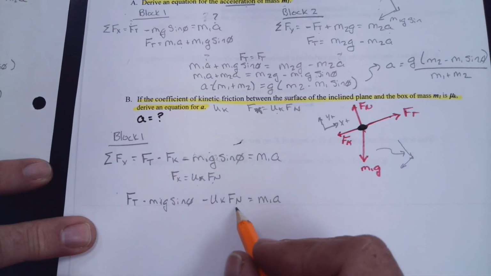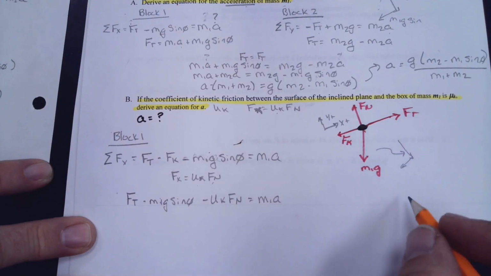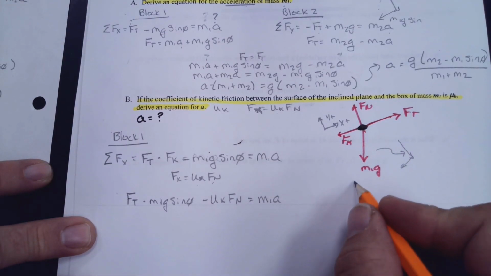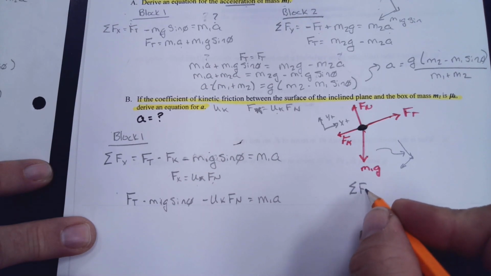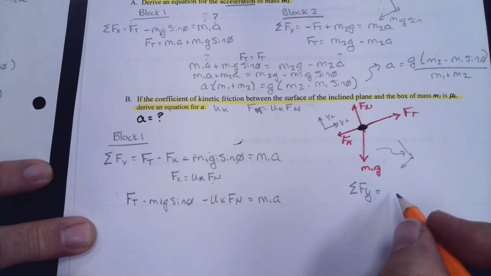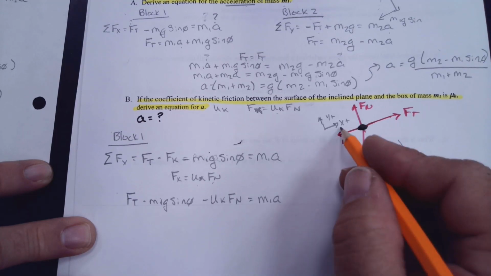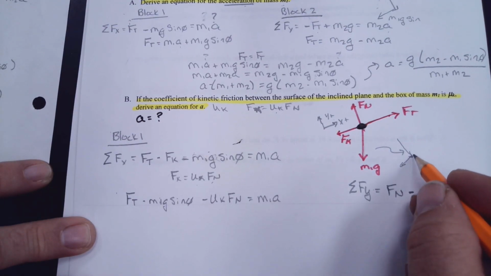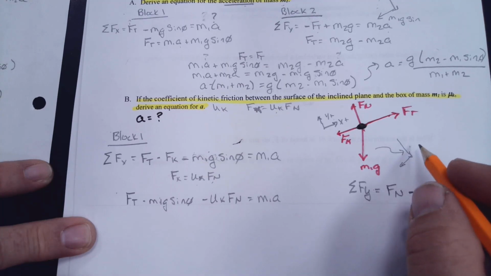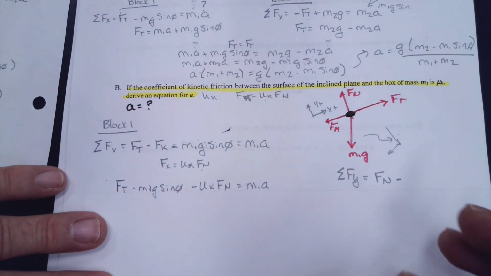So to get the normal force, we know we're going to have to go to block 1 and sum up the forces in the y direction to get f of n. That's what I'm curious about, or I need to know to continue on with my problem. So I've got f of n is positive because it's going up, minus just this portion here, which we decided up here was the cosine.